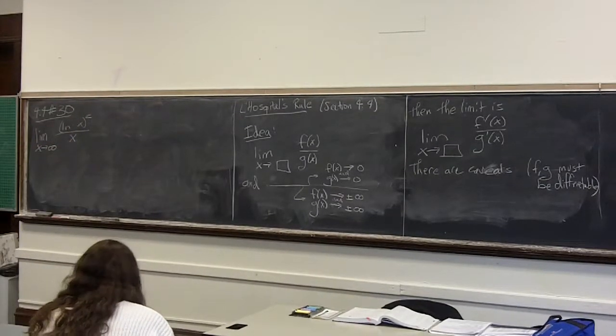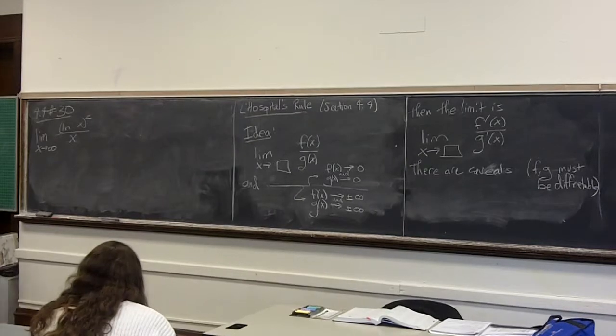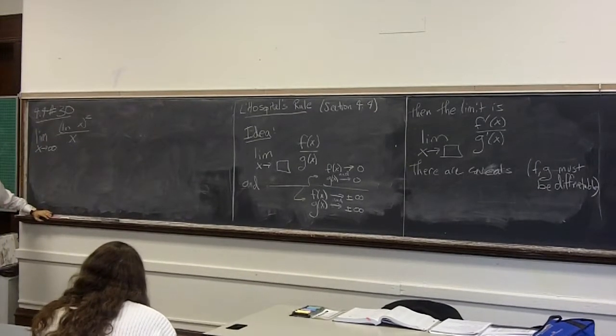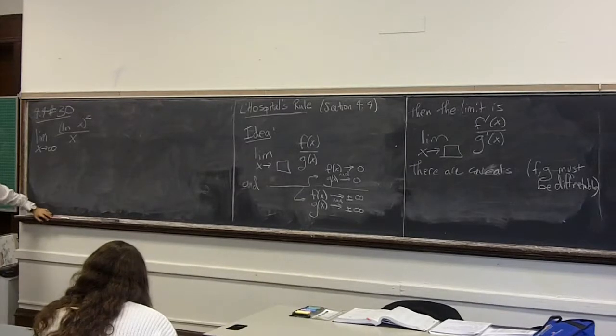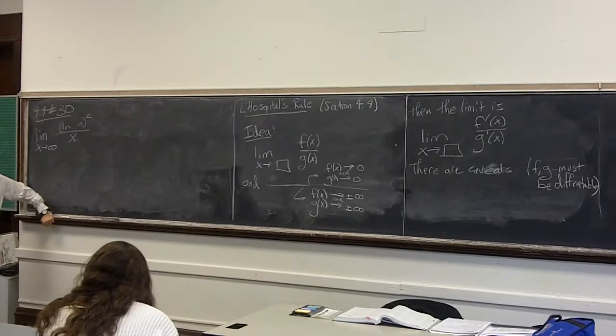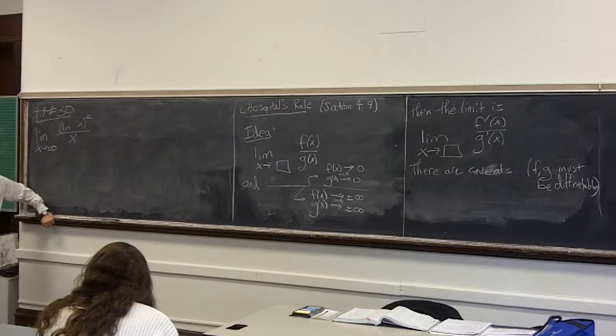Okay, so let's see. Which situation is this in? The numerator goes where? Where does natural log of x go as x goes to infinity? What happens to the natural log of x as x goes to infinity? Is it big?